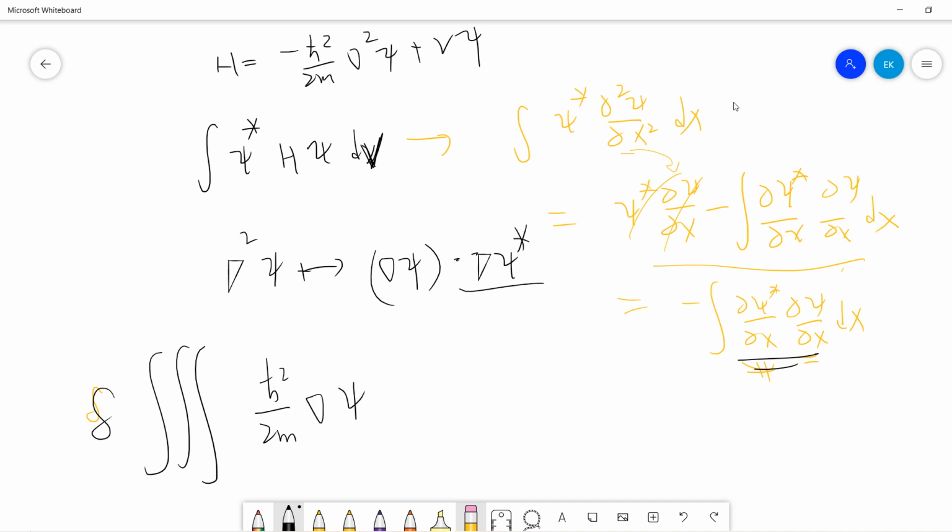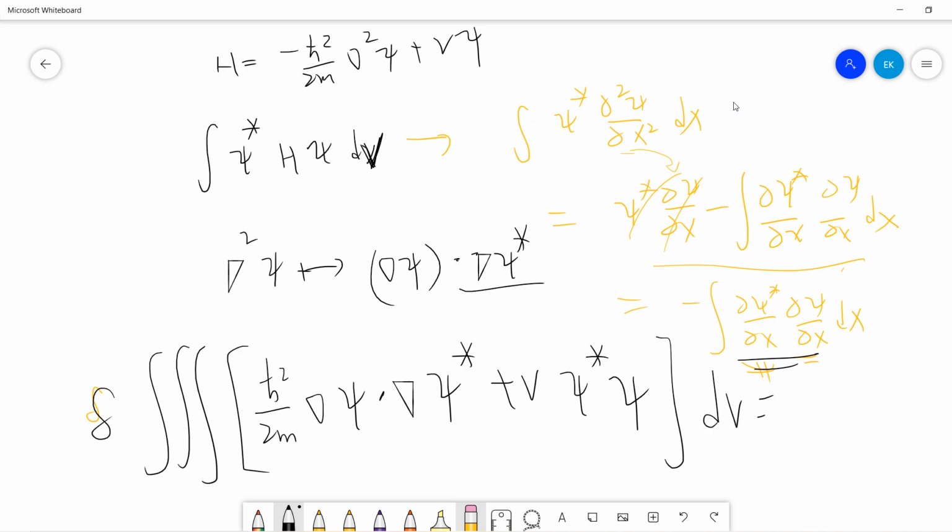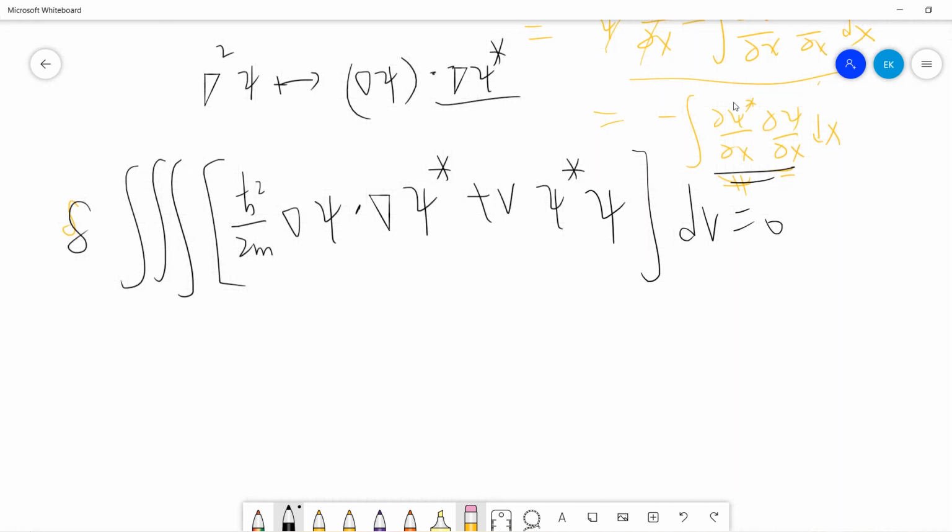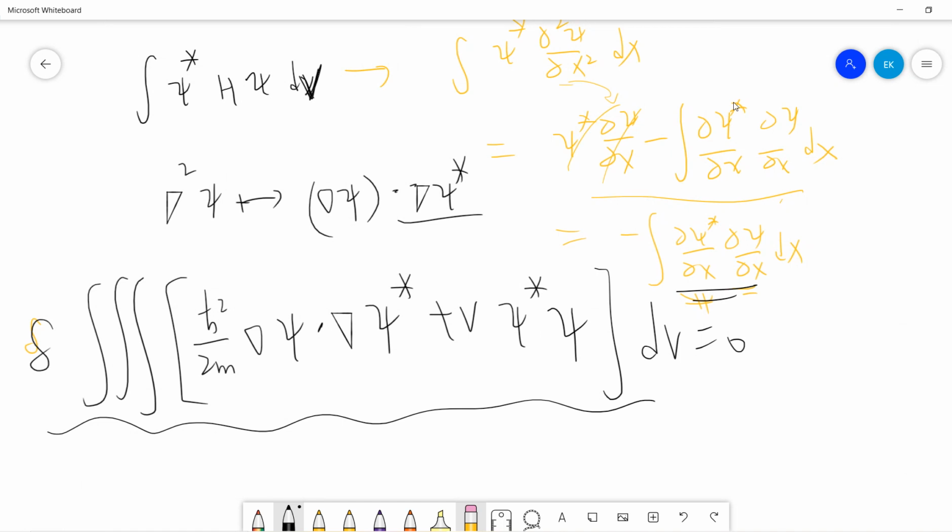So we can change it into this, and then we put psi star by psi, and the dV is 0. Okay, so actually this is the Schrodinger equation if you derive it, right, by our definition. Once we assume this term is correct, then we can change our original Schrodinger equation into Lagrangian form like this.